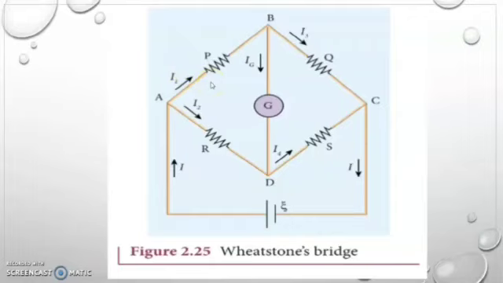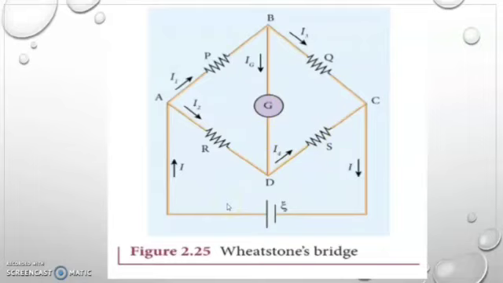So let's apply it at junction B. We get I1 minus Ig minus I3 is equal to 0, and let's consider that to be equation 1. And applying Kirchhoff's current rule at junction D, we get I2 plus Ig minus I4 is equal to 0.